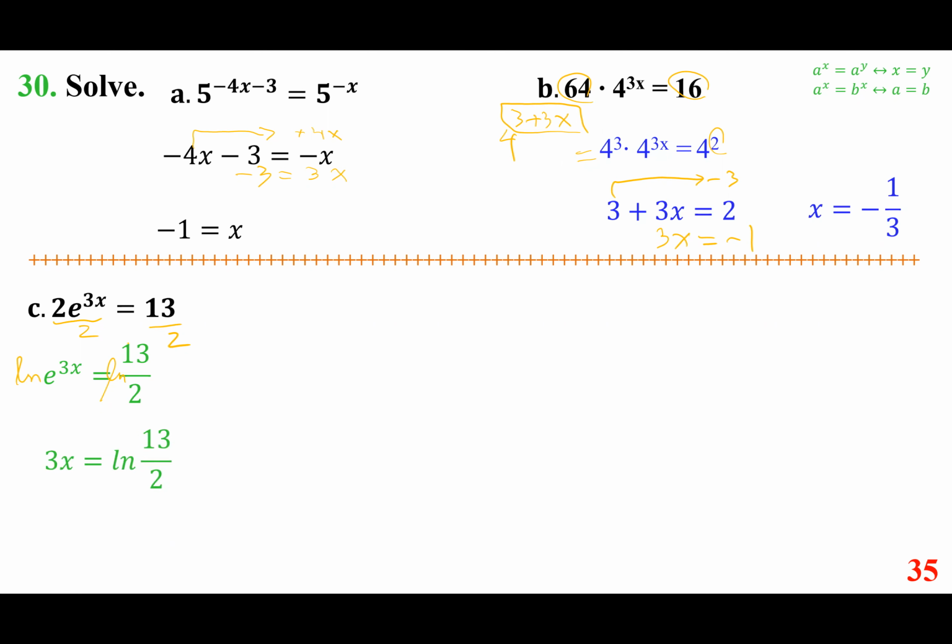Now, if we divide both sides by 3, or you can say this side multiplied by 1/3, it means the same thing. Now, this is an exact answer, everybody. And with a bunch of decimals, this is an approximation.